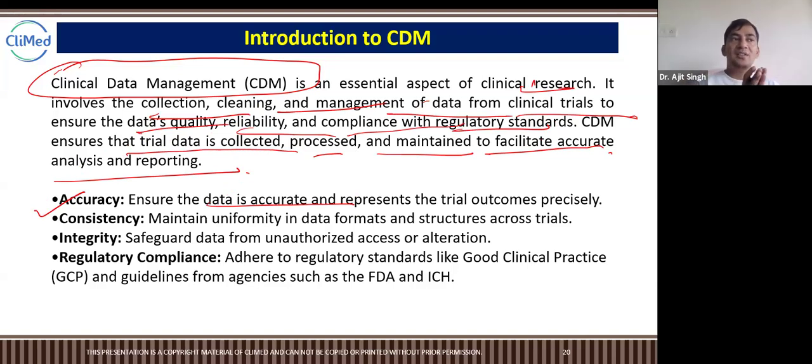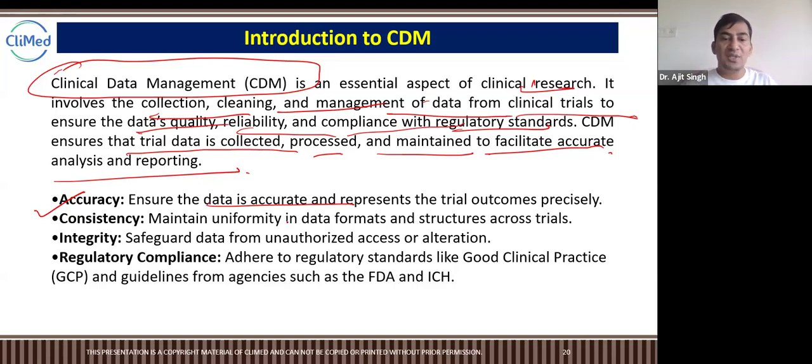So they have to make a unique type of data set, a unique EDC, so everyone fills in the data in that format only. And the central team, sitting in some central facility, gets similar data from every site. That's why we need the CDM team.